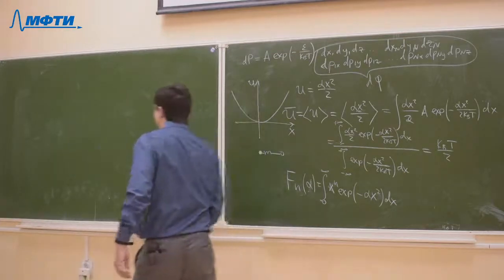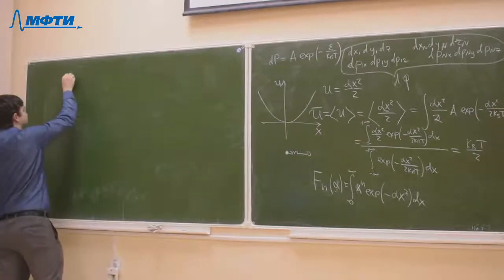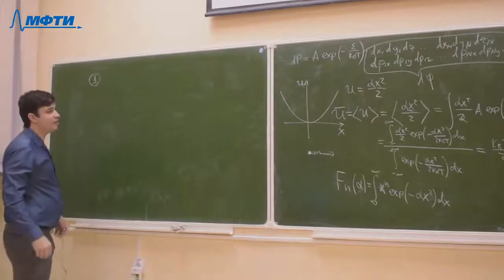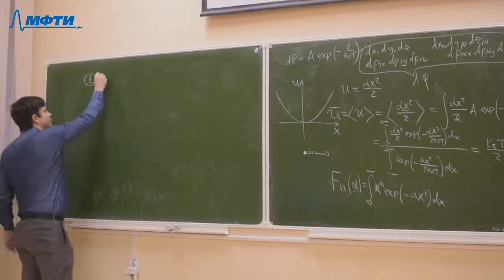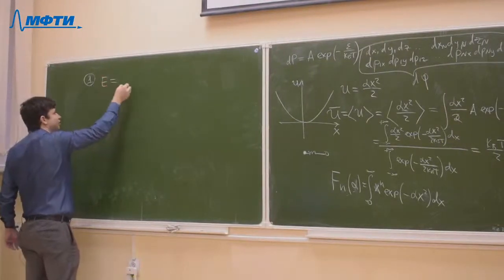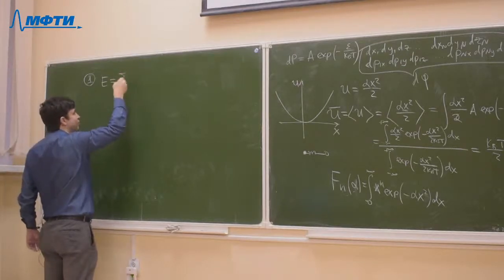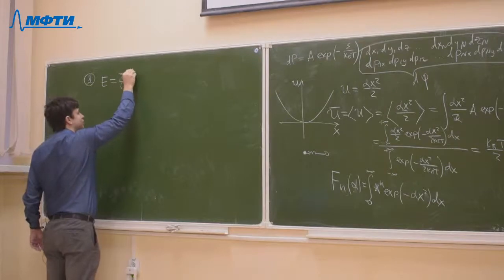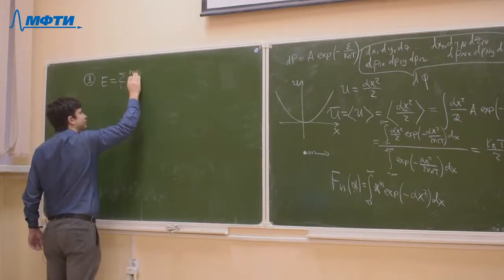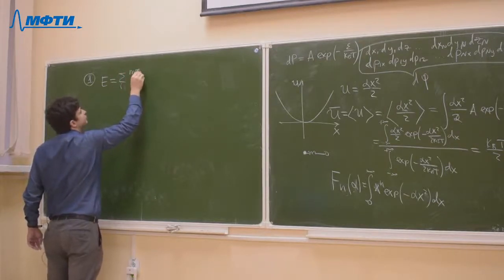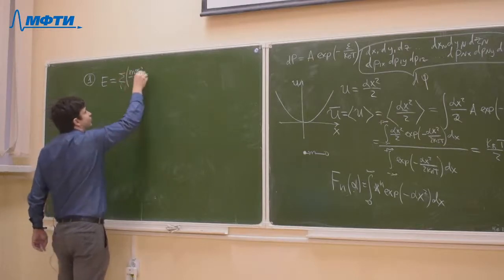So if we have a gas which consists of only one atom, then the total energy of this ideal gas is given by a summation over molecules of the following expression.